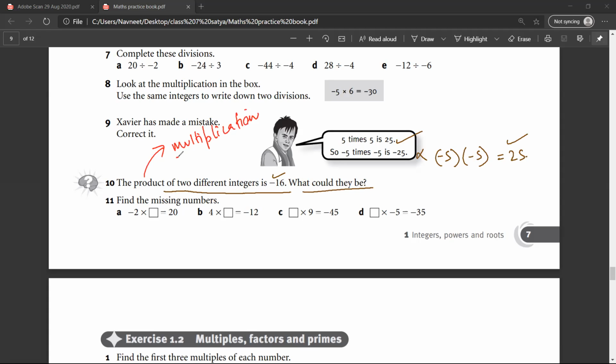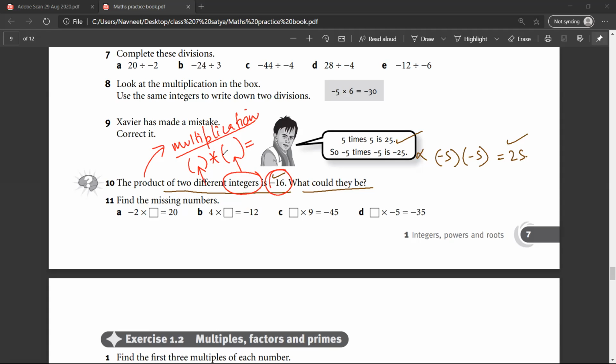So what this question is telling you is that you have two integers. When you multiply these two integers, the answer that you get is minus 16. So what can be this integer and what can be this integer? They can be separate integers, they can be same integers, whatever you want. Have you understood the question?